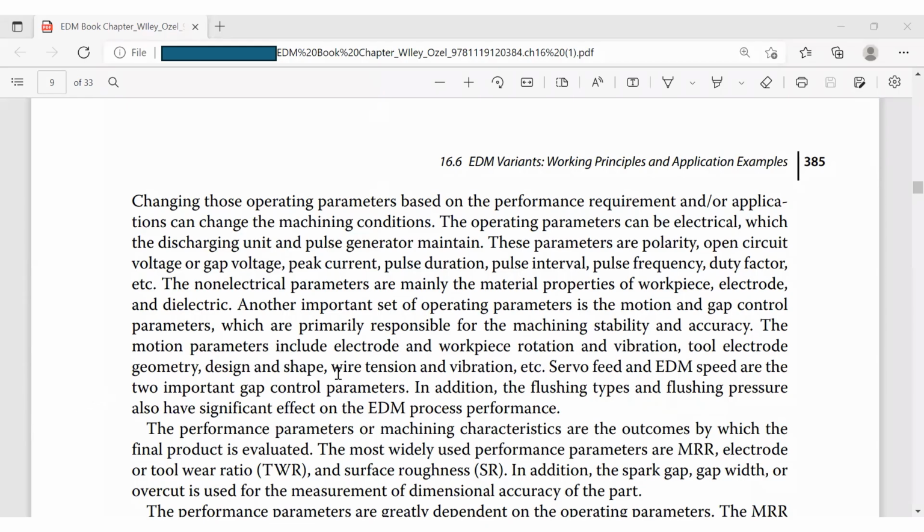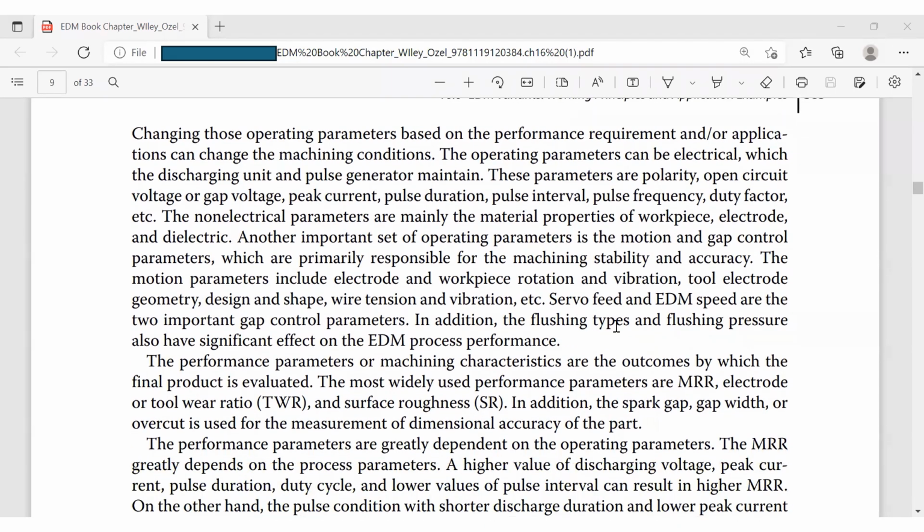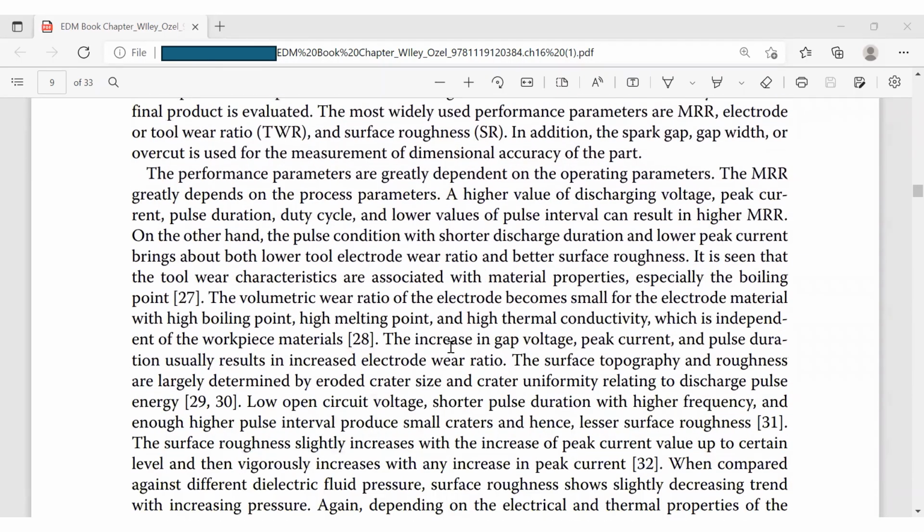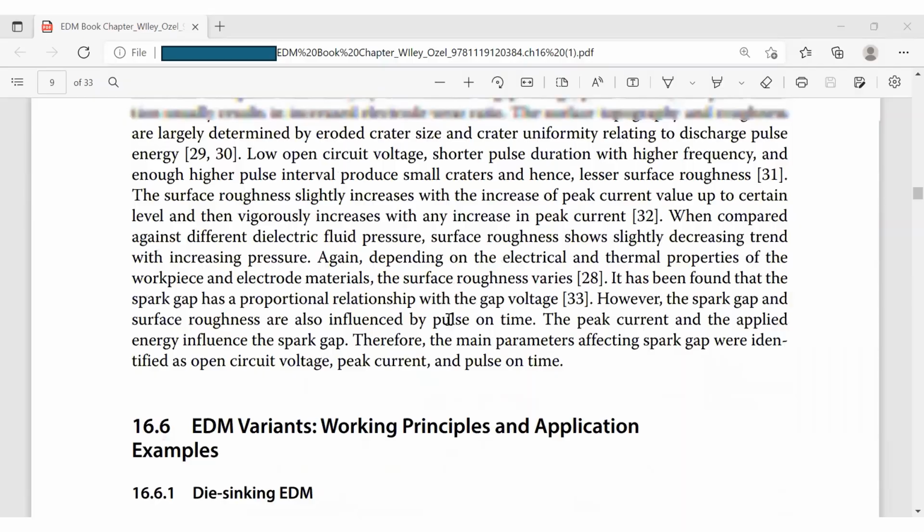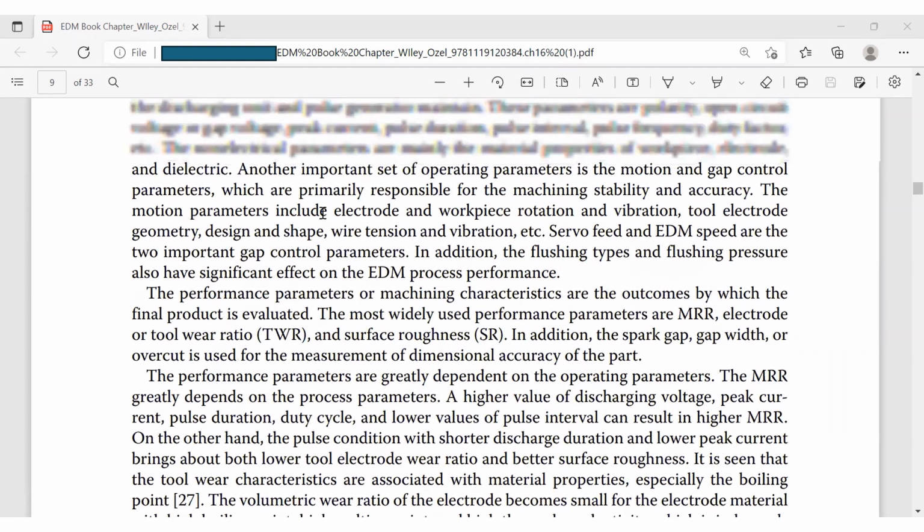The design and shape, wear, tension and vibration, etc. Also, servo feed and EDM feed are the two important gap control parameters. In addition, the flushing type and the flushing pressure also have a significant impact on EDM process performance. So here are the operating parameters.